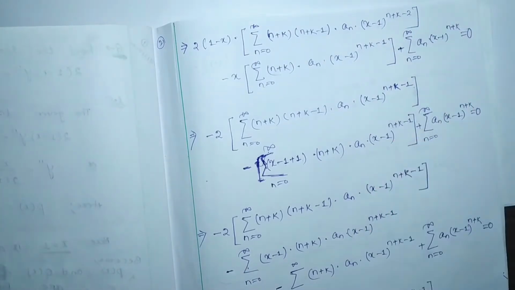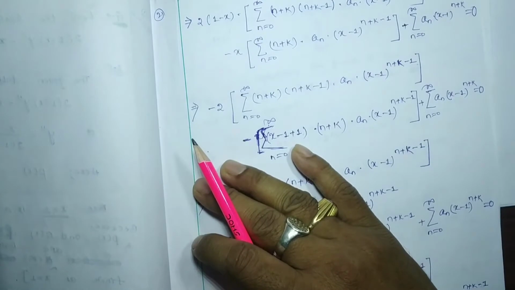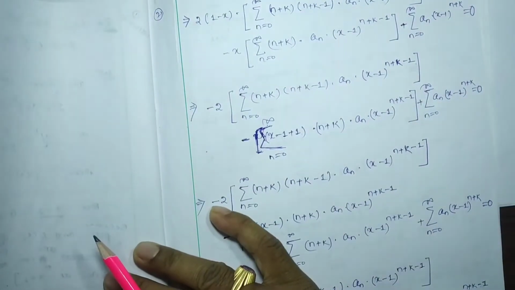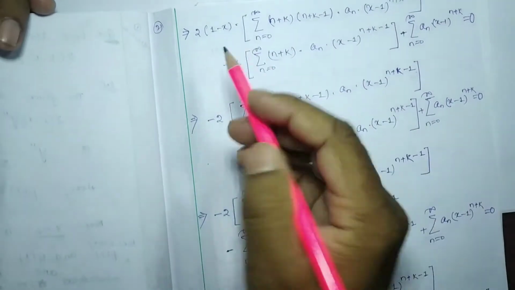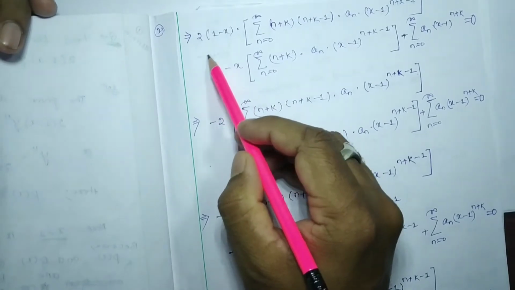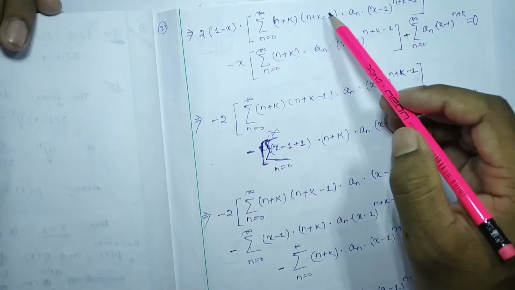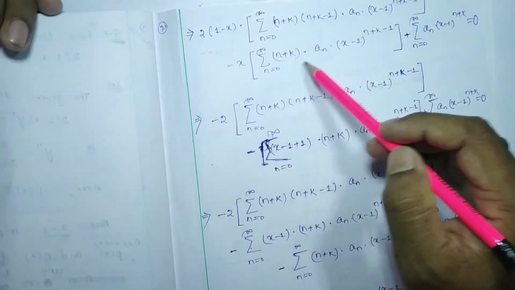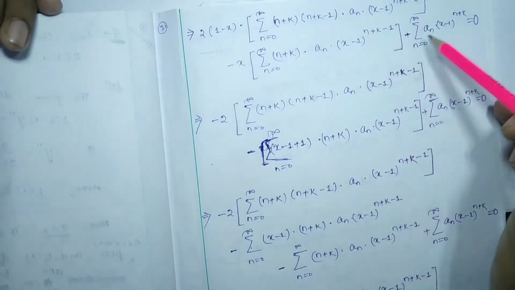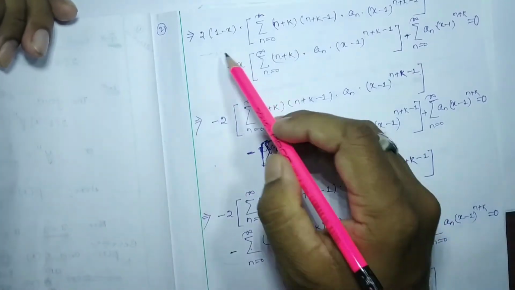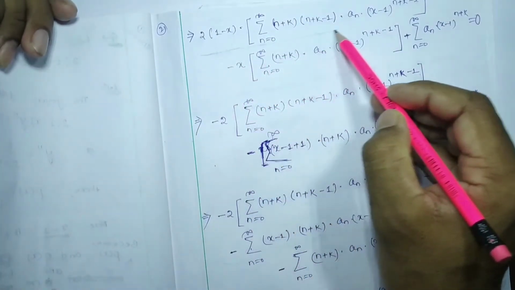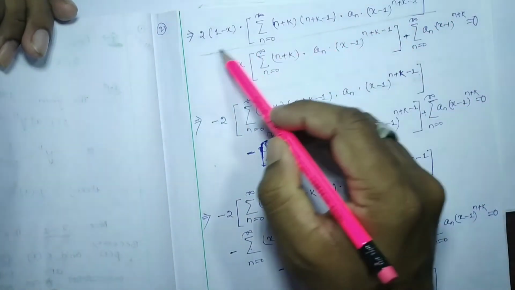Now here you can see that we got 3 terms by substituting y double dash, y dash and y. Just concentrate on the first term.